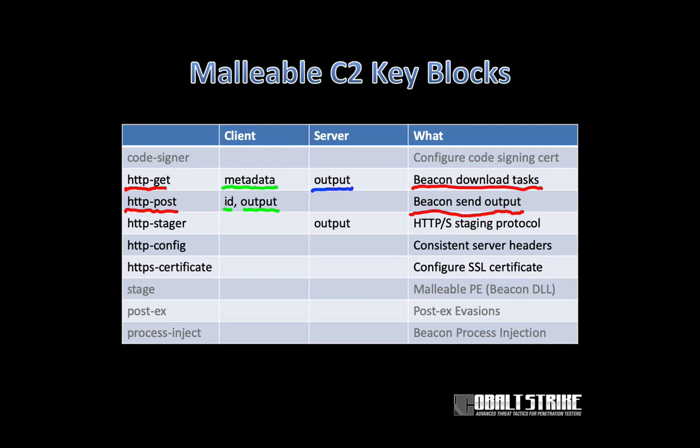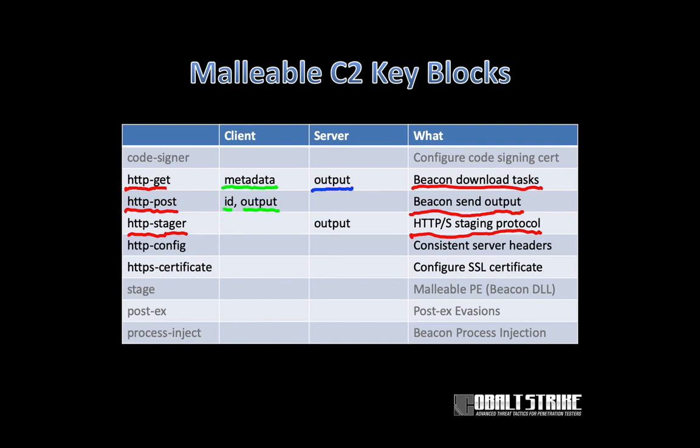The next key block, one that doesn't get much attention, is the HTTP stager block. And once again, this controls the staging protocol. So when a tiny stager reaches out to your team server to download the Beacon payload, this block controls some of those indicators.